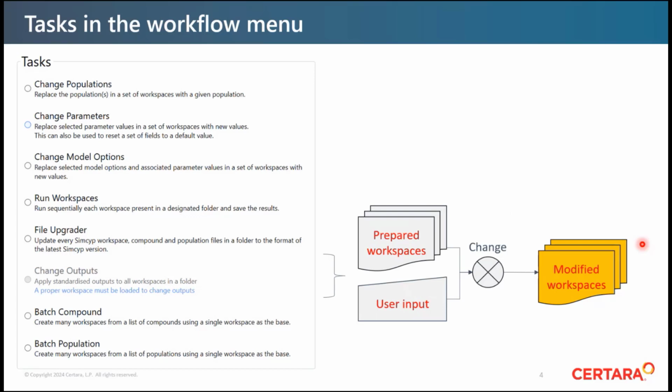Change outputs is slightly different from change population, parameters and model options, but it's the same general framework. You have prepared workspaces and you will create a set of modified workspaces.